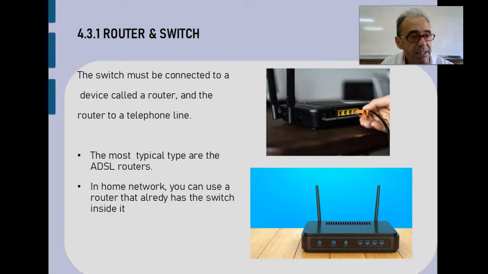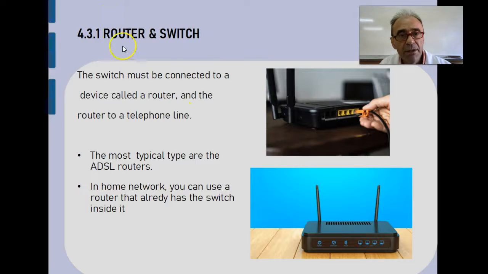But what happens is that many times the router has a switch inserted at the same time. So this device includes a router and a switch. This is the switch. The switch is the element where we can connect more than one device. So we connect more than one device here, and we connect the set of different devices to the internet through the telephone line.